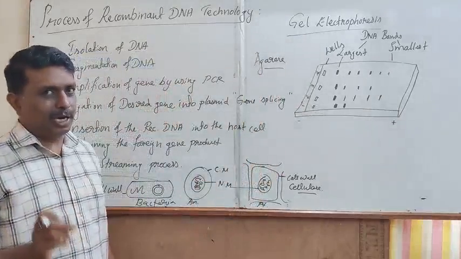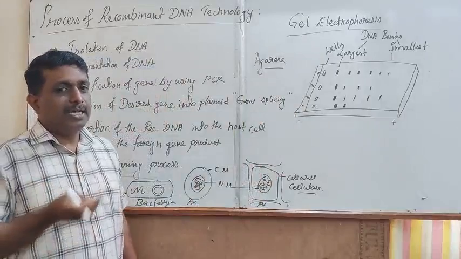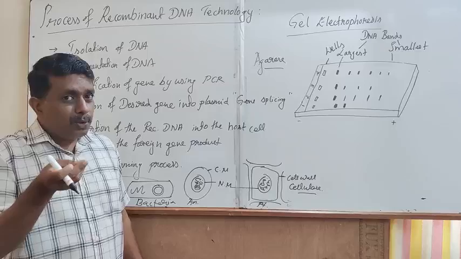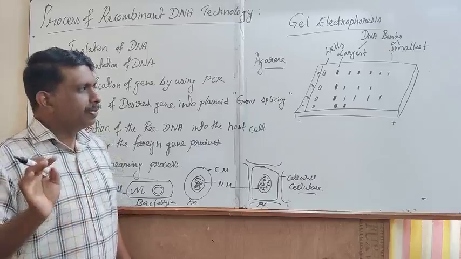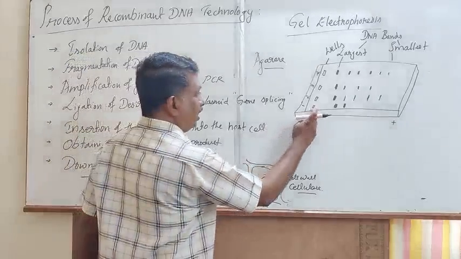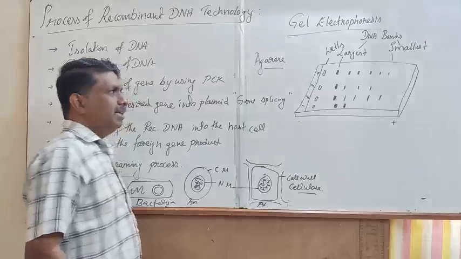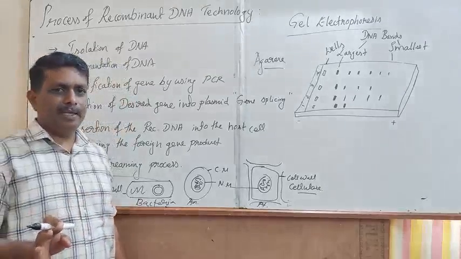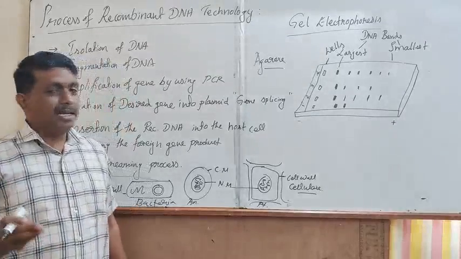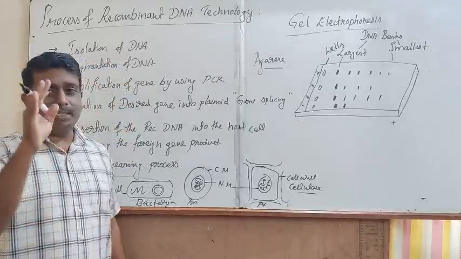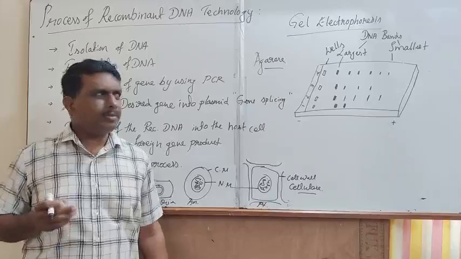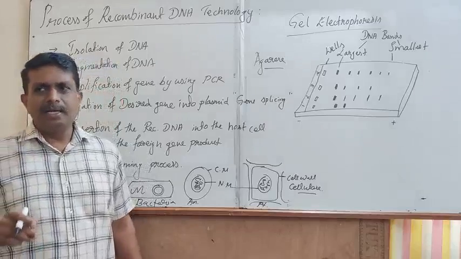By making use of a micropipette, the fragmented DNA is inserted into the DNA wells.